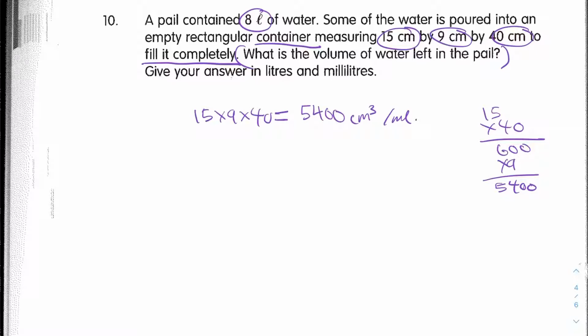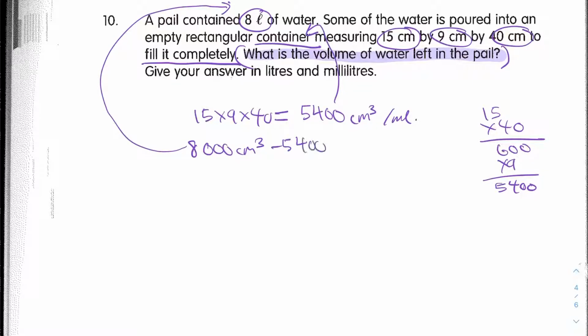This is the container. So to find how much water is left, you would go 8,000 cubic centimeters, which is 8 liters, minus 5,400 cubic centimeters would be 2,600 cubic centimeters.